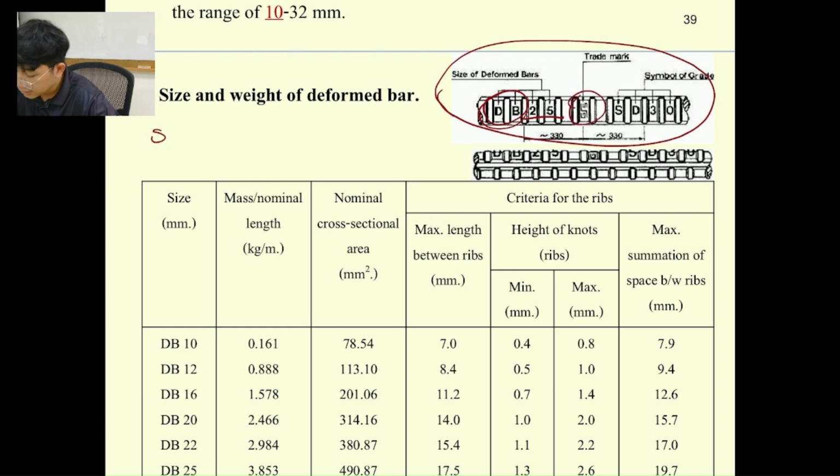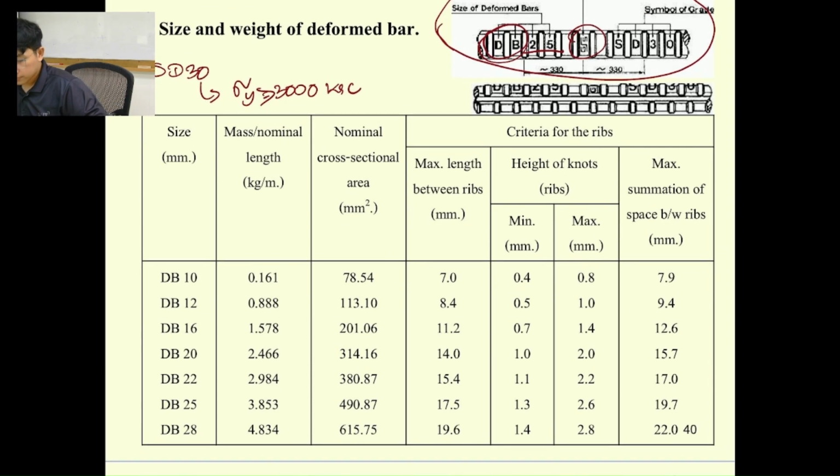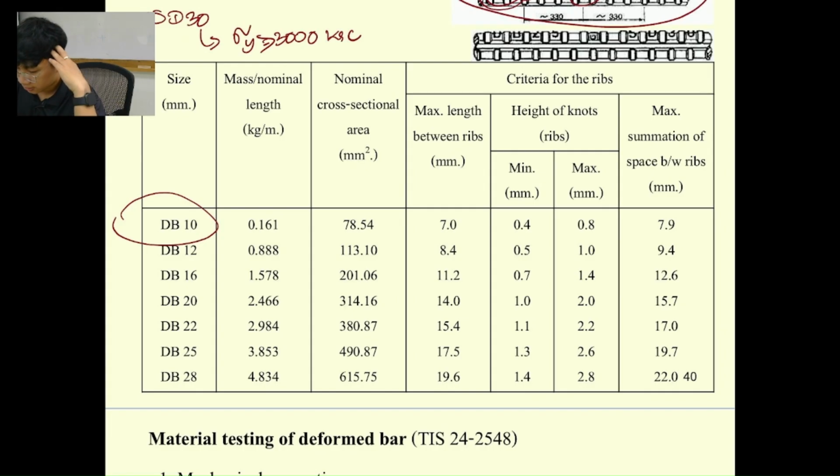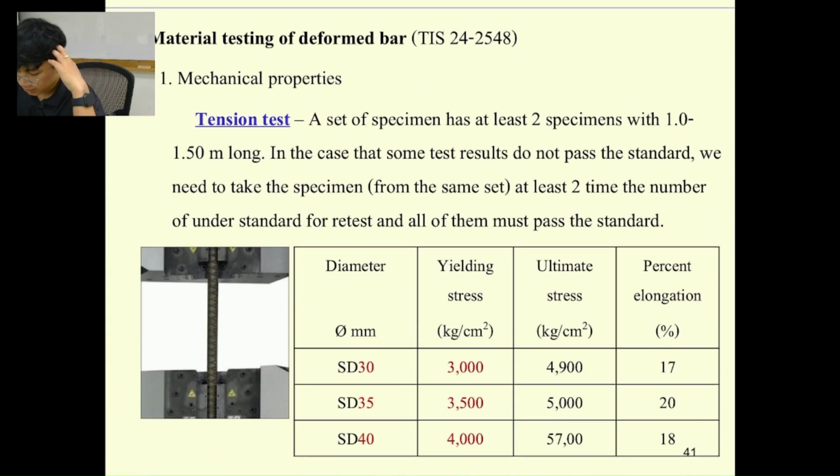SD is from the yield strength of the deform bar. 30 means the yield stress is not less than 3000 KSC. These are some dimensions of it from the TIS.